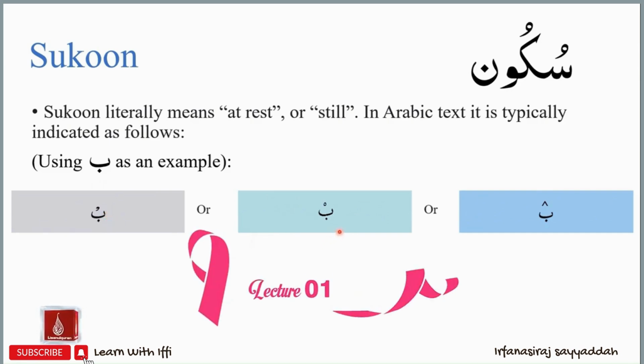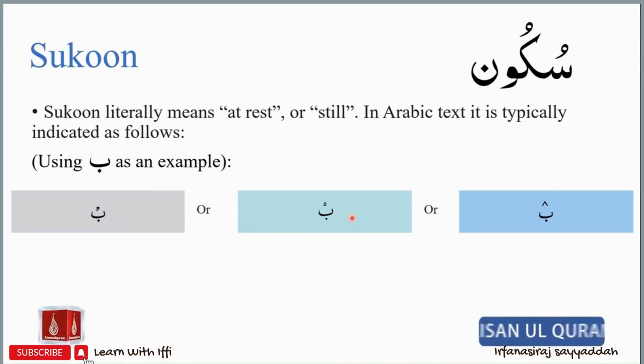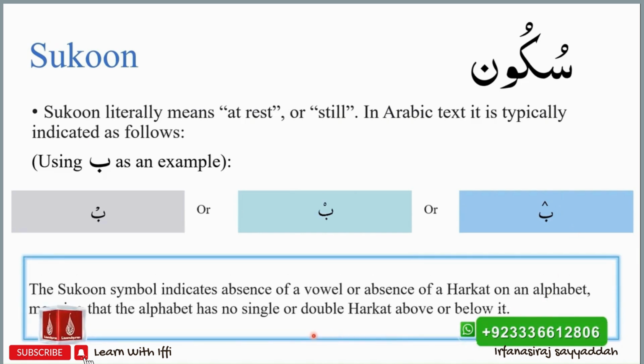Or it will appear like this, where it has an appearance of a small circle on top of the alphabet. Or it will appear like this, where it has the inverted arrow or what we call the caret sign on top of the alphabet. The sukoon symbol indicates the absence of a vowel or absence of a harakat on an alphabet, meaning that the alphabet has no single or double harakat above or below it.